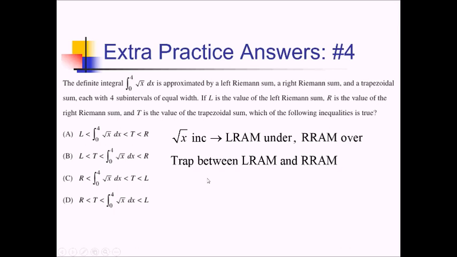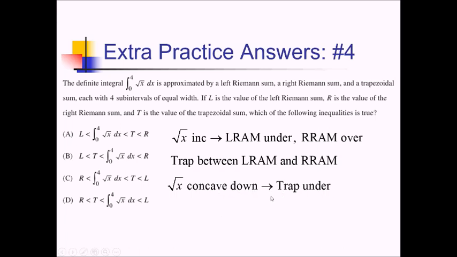And for that, we have to look at the concavity of the curve, because that's what trapezoidal rule is all about when you're talking about under versus over. Radical x is a concave down curve across its whole domain. Trapezoidal rule, therefore, is going to be underneath the curve at all points. So trapezoidal rule underestimates a concave down function like this one.